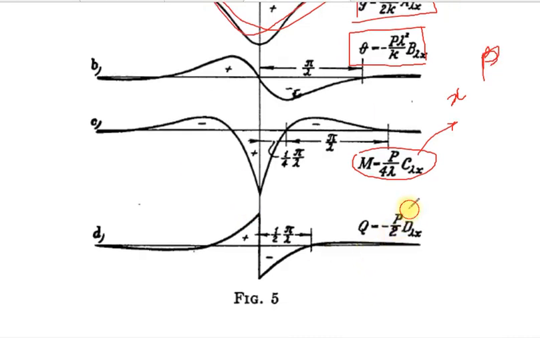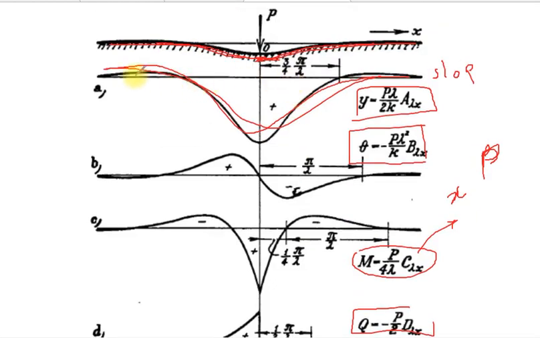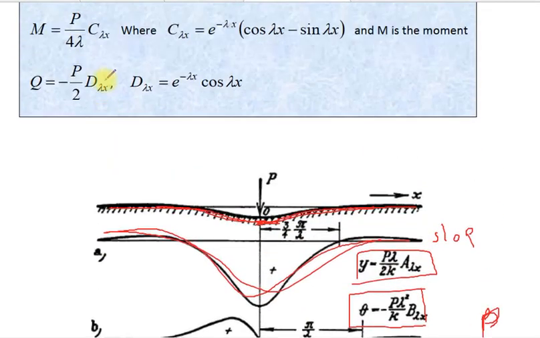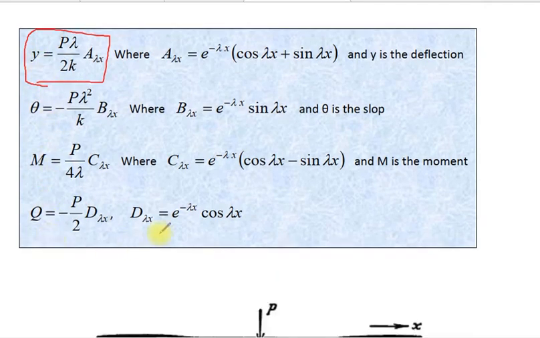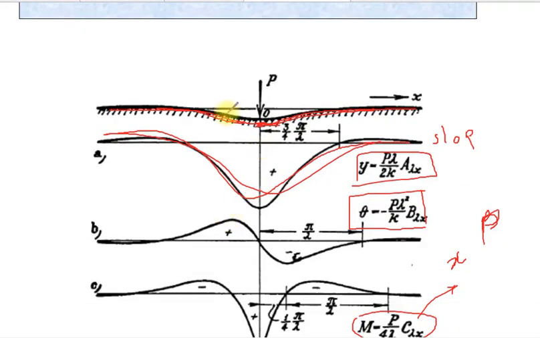With respect to shear, also we can get the following figure along the beam. 4 figures we can get from the equations of deflection, slope, moment, and shear for the case of an infinite beam subjected to concentrated load.